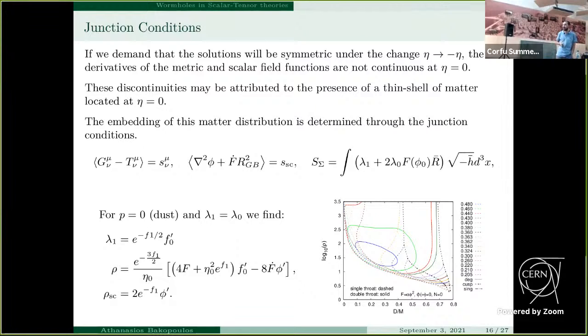I'm sure that there must be some works, but I'm not familiar with this literature. We haven't detected a wormhole. Yes.